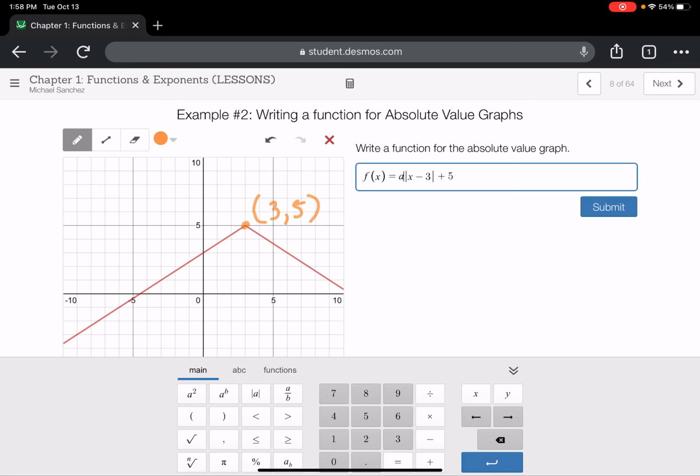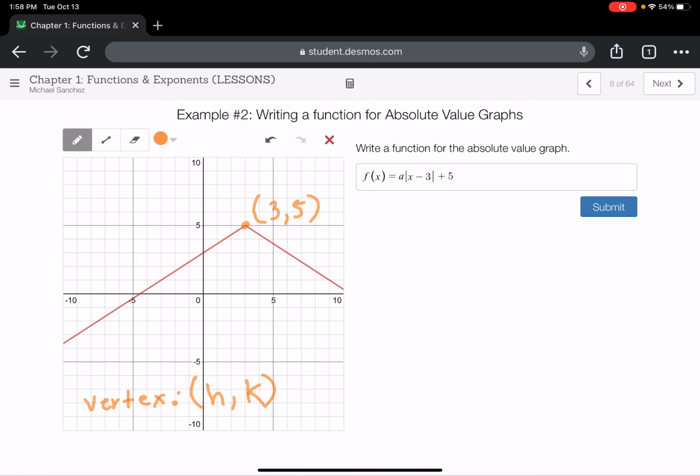The next thing we have to do is change the value of a. So for a, remember that a is the slope of our graph. So I'm going to start at my vertex. I'm going to find another point, this point right here, and I'm going to see what my slope is. So I'm going to say down 1, 2. So remember, it's rise over run.